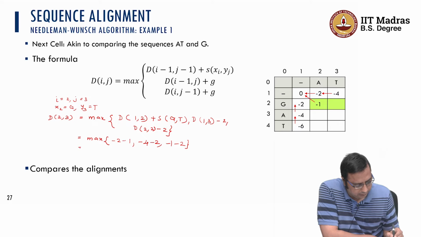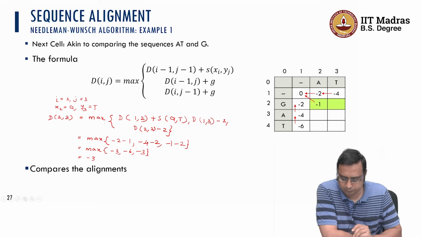This leads us to max of minus 3, minus 6, minus 3. The value here is going to be minus 3.